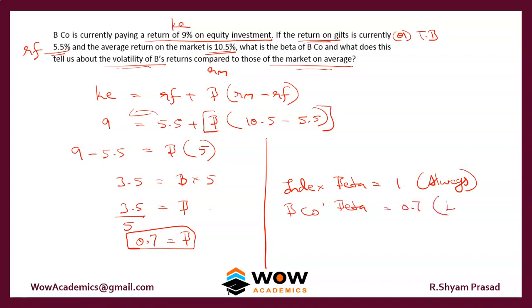It means it is less volatile. So that's what he asked in the question. What is the beta of BCO and what does this tell us about the volatility of B's return compared to those of the market? So average is 1. Anything which is below that is less beta and it means it is less volatile. So BCO company is less volatile. So that is the answer.